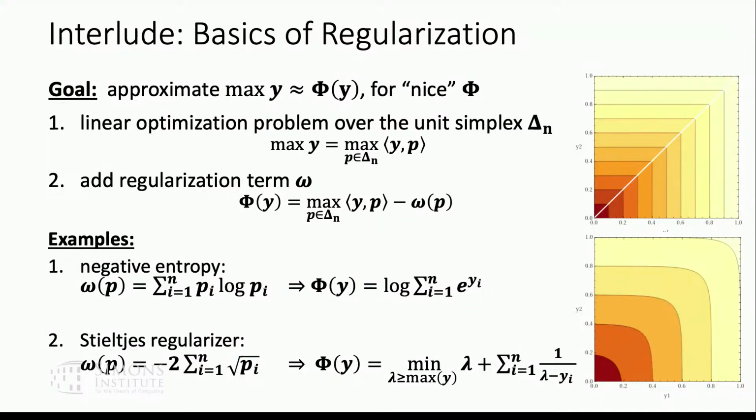On the other hand, I have this other term, which penalizes me whenever lambda gets very close to any of the entries of my vector. So in some sense, this acts as a barrier term, which says, well, I want to make this thing as small as possible while being at least as large as the maximum entry of y, but I don't want to make it very small. So this is going to repel me from the largest entry.